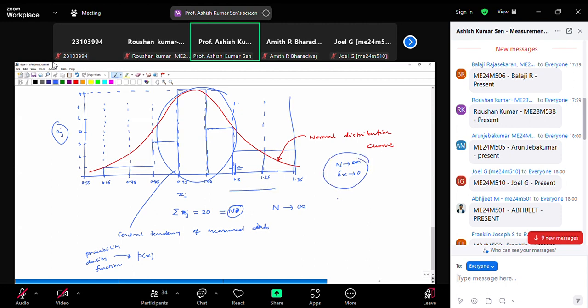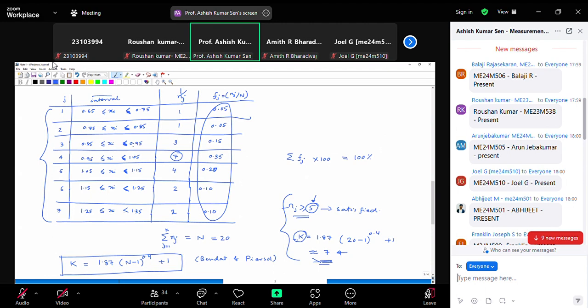Under that condition, you can define something called a probability density function as the frequency of occurrence, that is N_j, divided by n times the range delta x. Delta x is basically what you see here, right? This minus that is delta x.